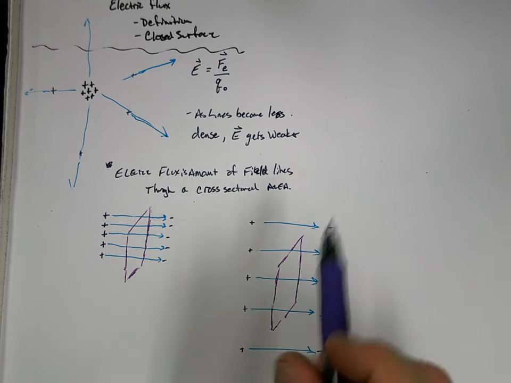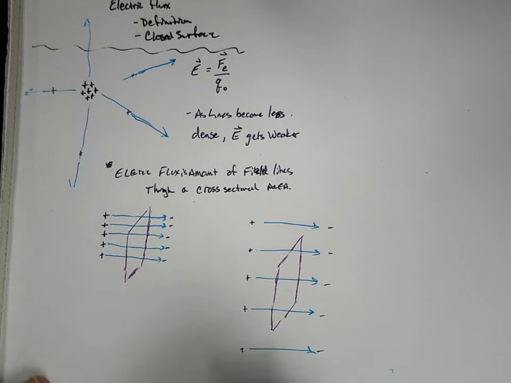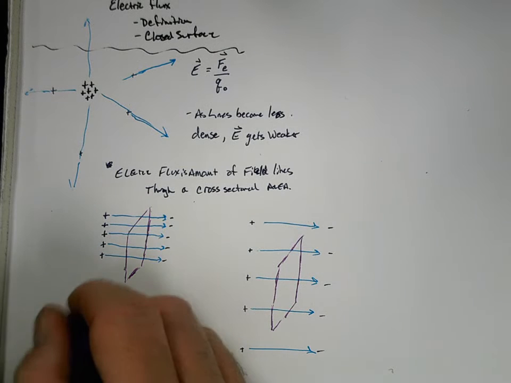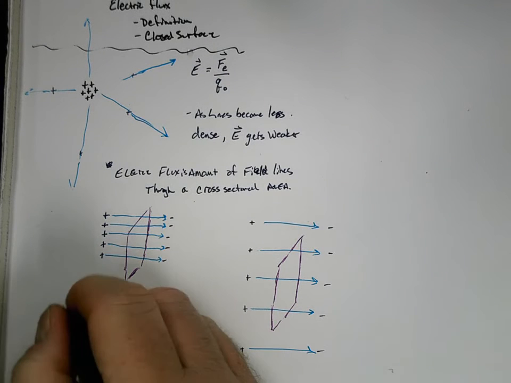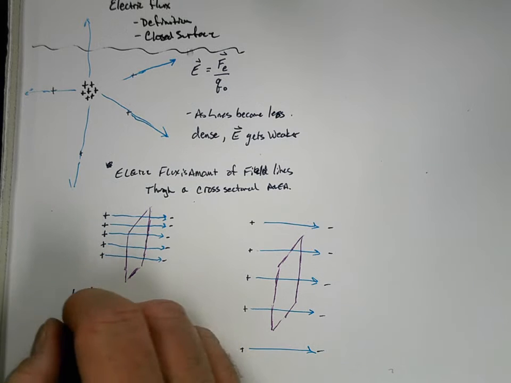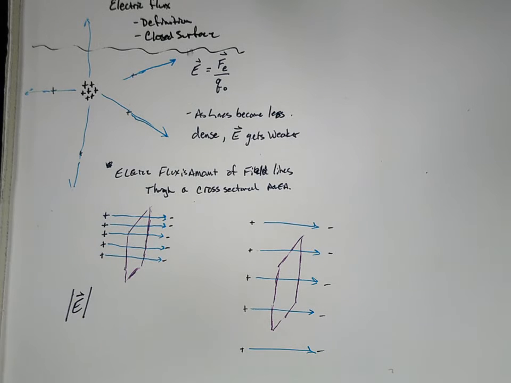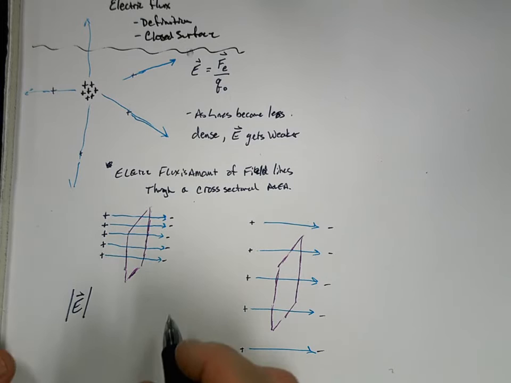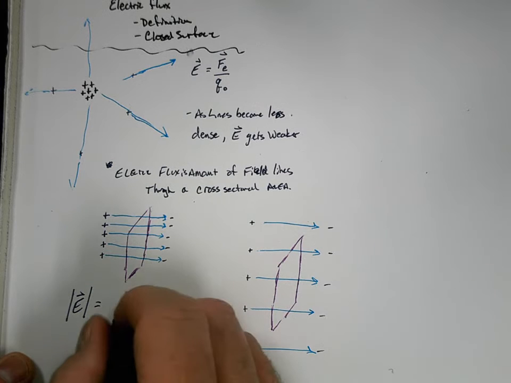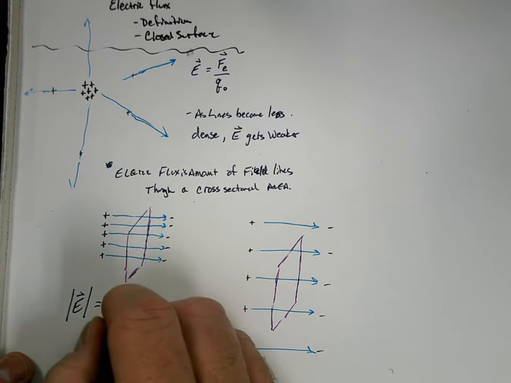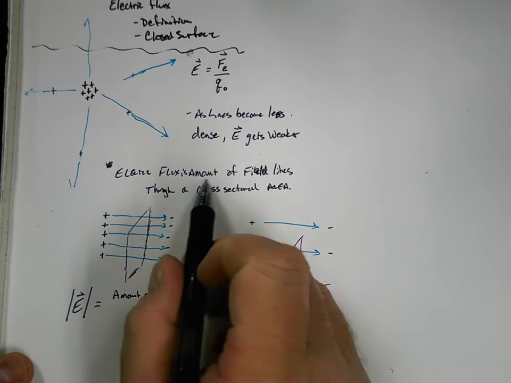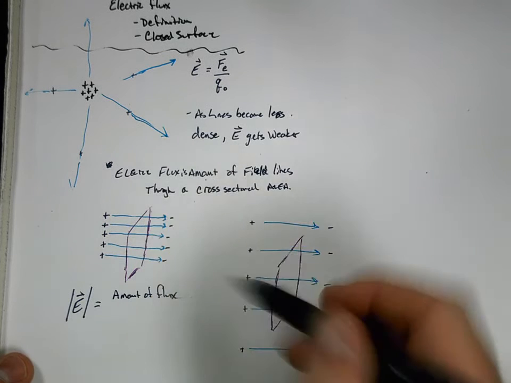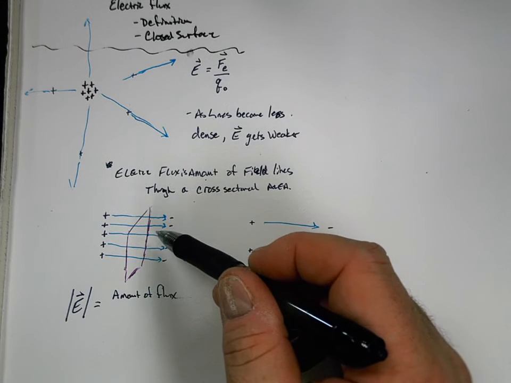So let's describe the density of these lines. Well, our electric field, I'm just putting the absolute value of it because we're just talking about the strength of the field, regardless of whether it's a positive or negative charge, is equal to the amount of flux. Remember, flux is the amount of field lines through the area. So for example, this would have 5.